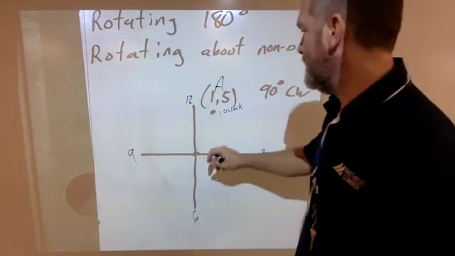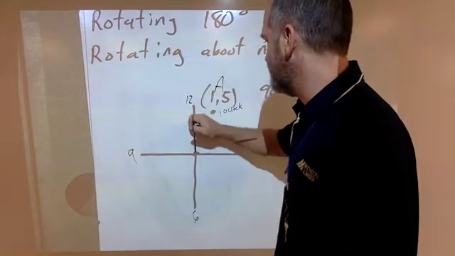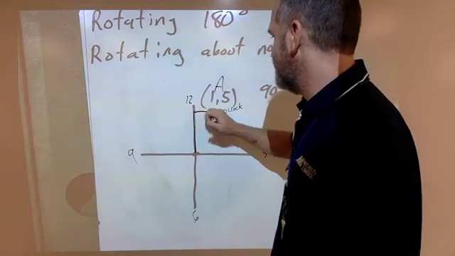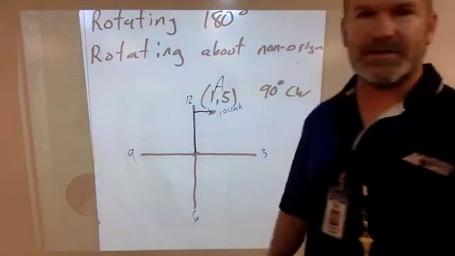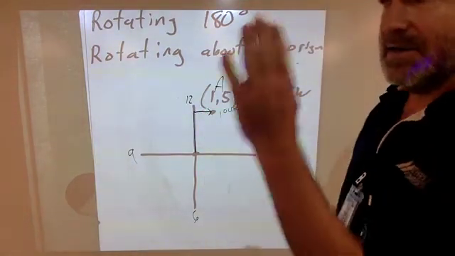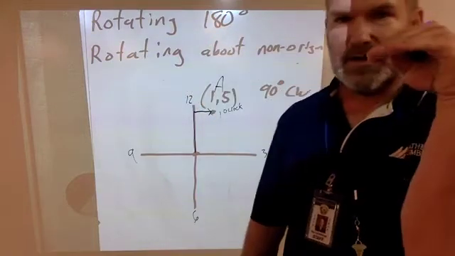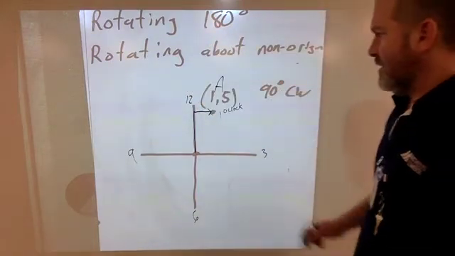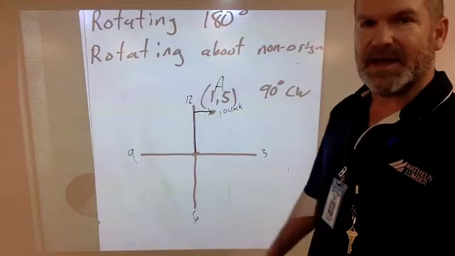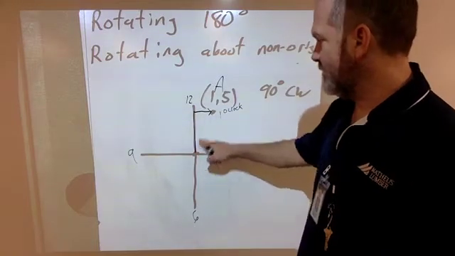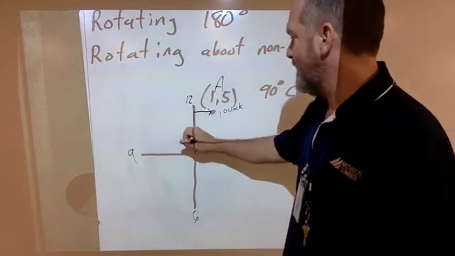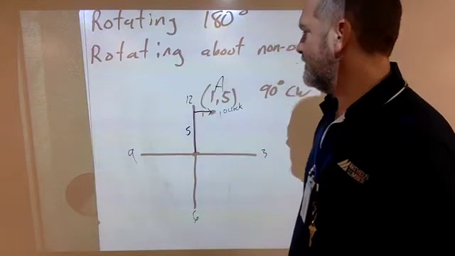So on this point right here, the easiest way to get there is to go straight up and then straight over. So now we've got a crazy looking clock. The hand in the clock, instead of being straight, now has a bend in it. And what are the dimensions of that hand? Well, to get from the origin to that point, you had to go up 5 and over 1.